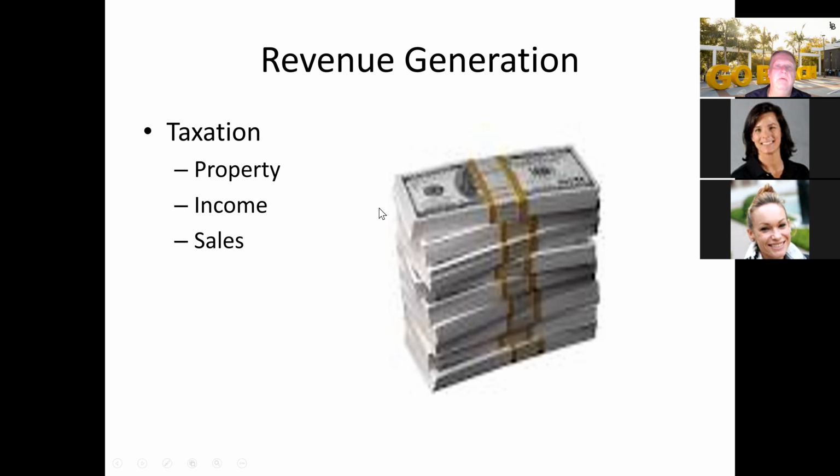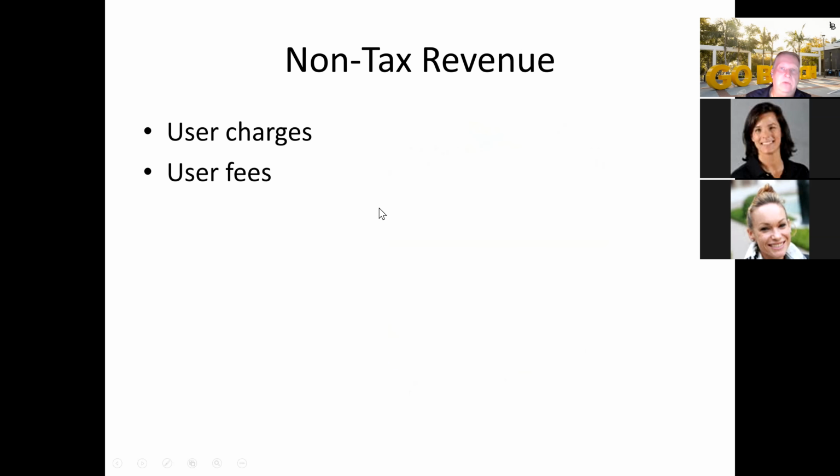So most of our revenue will come from tax-based sources. But as a result of Proposition 13 in 1978, a lot of local governments here in California have moved from tax-based sources of revenue to non-tax sources of revenue, things such as user charges and user fees.